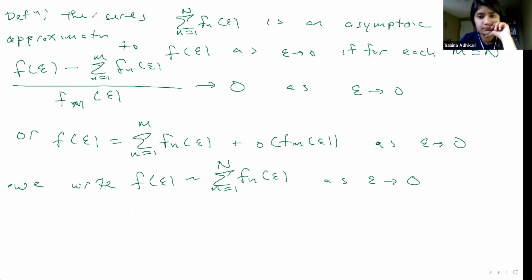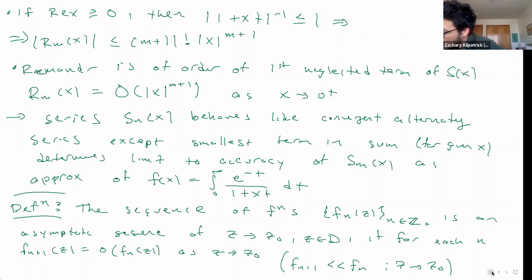Zach: Yeah, since this series doesn't converge, I would expect that we can't take arbitrarily many terms in this finite sum, this partial sum, to approximate it. For sure. So how would we know how many terms we can take? Yeah, the guide is your remainder term.